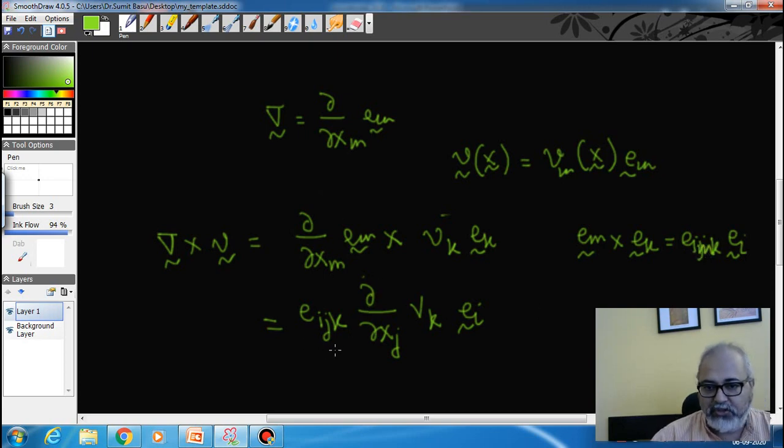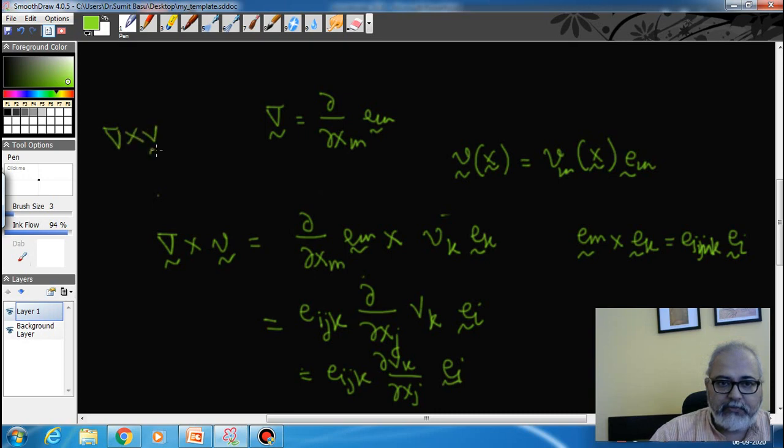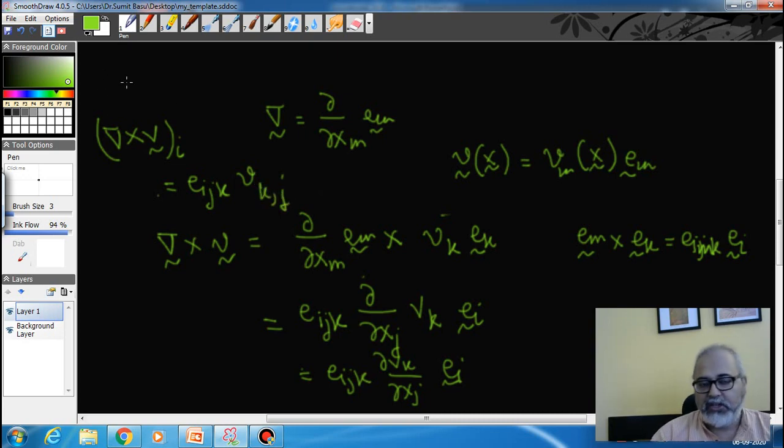So that's what we have used here, and this operator does not work on any of these. So we get eijk del vk del xj ei. So the ith component of the curl of v is equal to eijk vk comma j. So this would be the ith component of the curl.